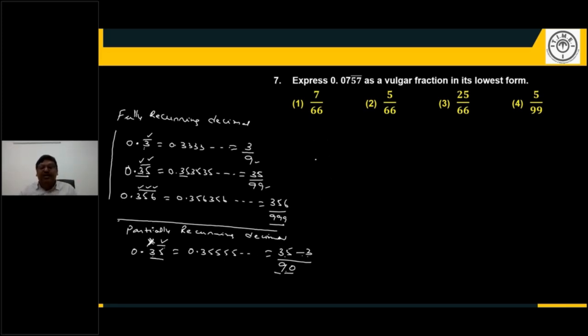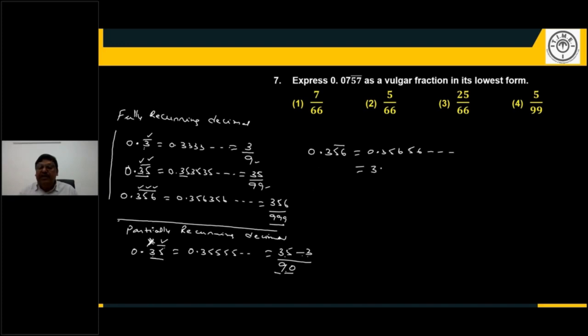Let me give you more examples. Suppose, friends, if I have 0.356 with bar on 5 6. What does it mean? Not on 3. It is only 5 6 that is recurring, students. 3 is not recurring. So what we do, students?